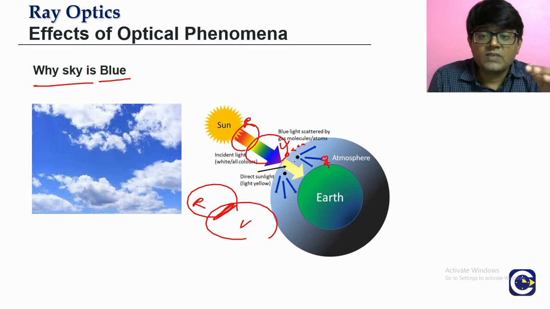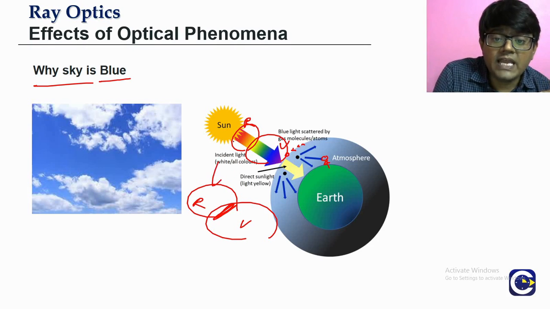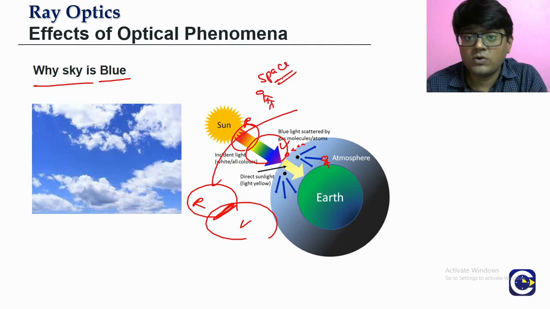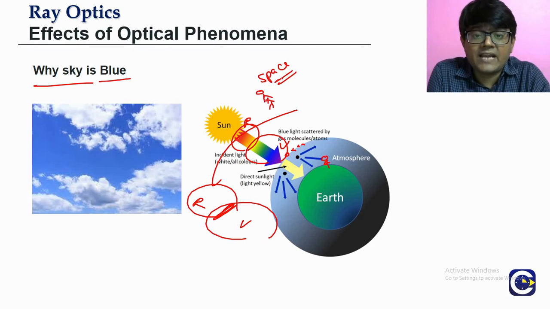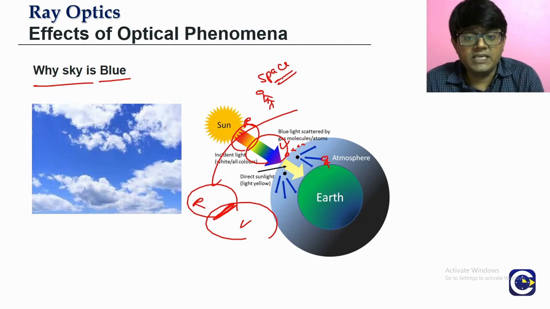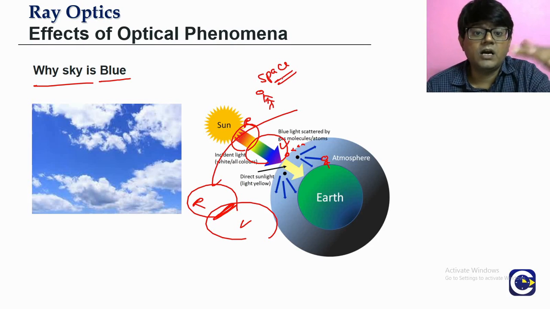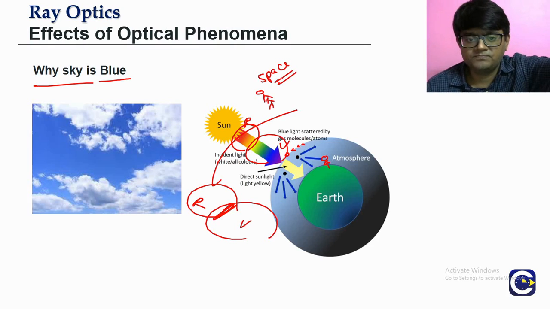Now if we move out of the layers of the atmosphere into space, will this phenomenon happen? No. Either we will directly see the rays coming from the sun, or if we are on the other side of the planet, we will not see the rays from the sun at all. So the color of the sky will not be blue when we move out of the atmosphere.